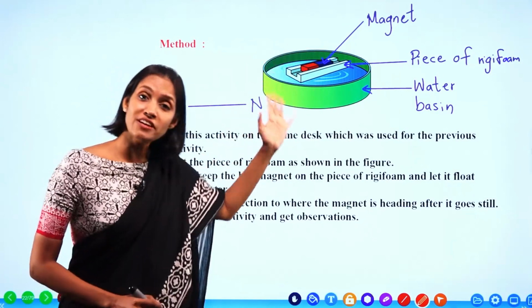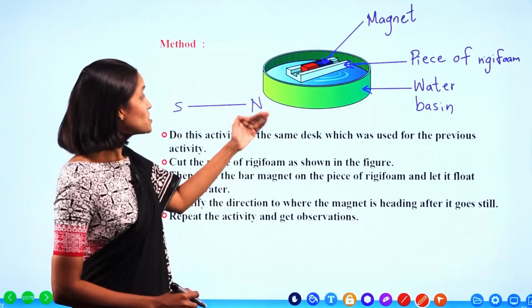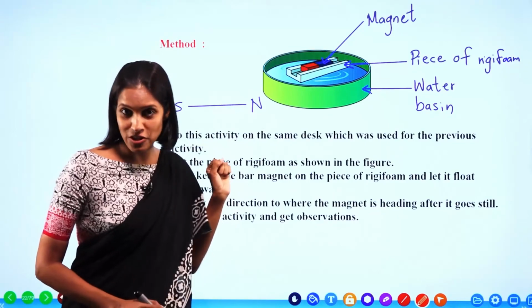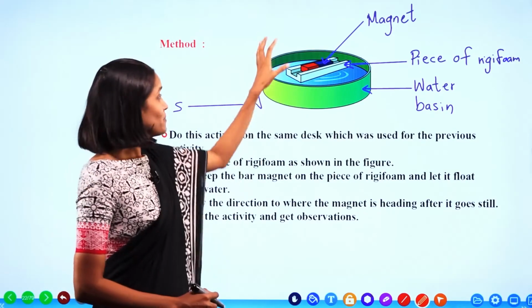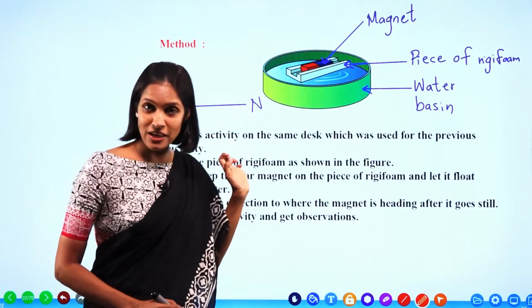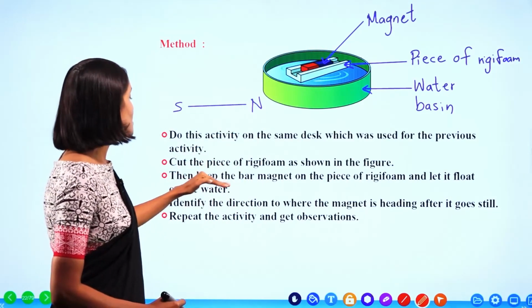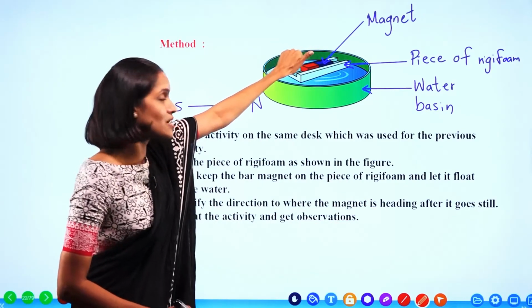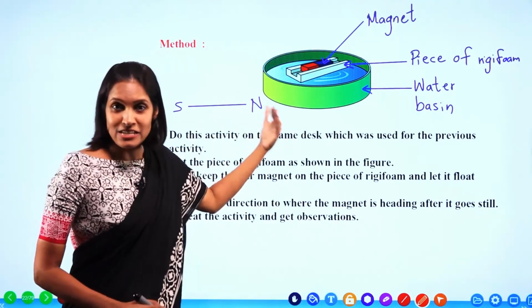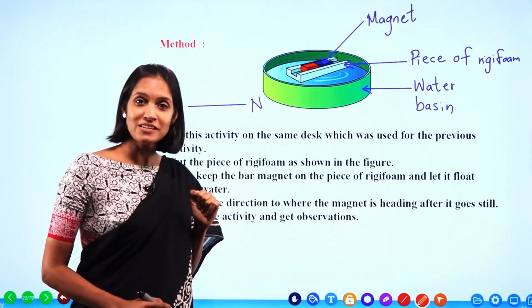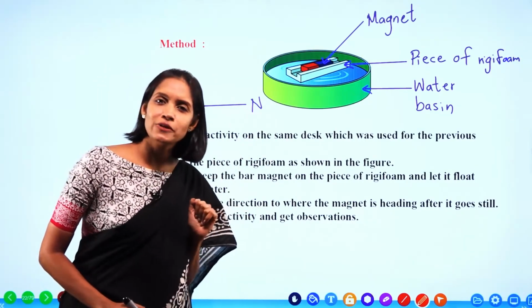Then, as in the previous experiment, you have to check to which directions these red and blue sides face. When it becomes still, to which sides do these red and blue sides face? Okay, repeat the activity and get observations. We can again move this setup a little bit, let it become still and check what happens. Okay, children, we will do this activity now.